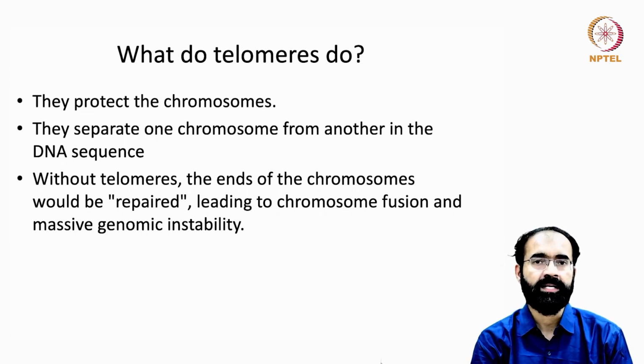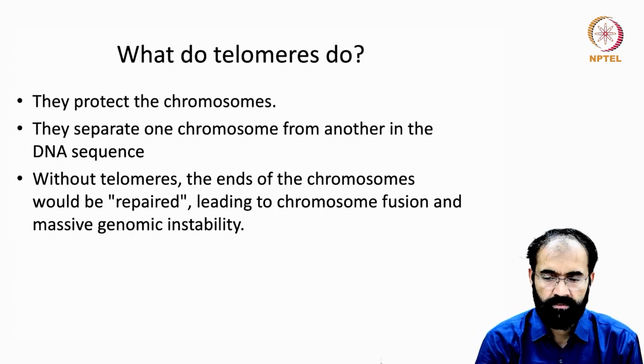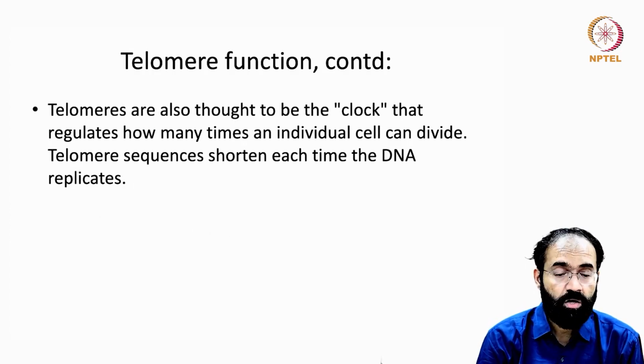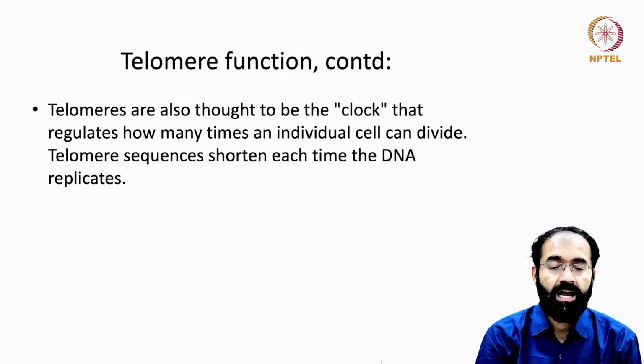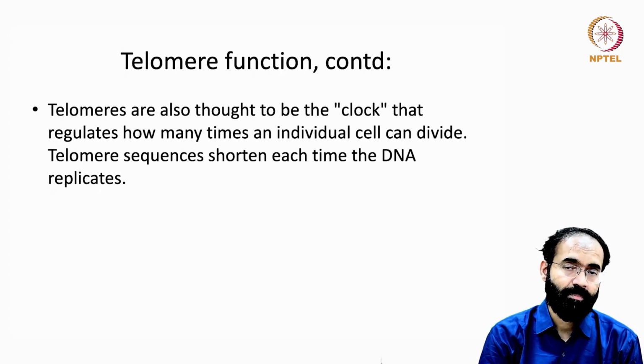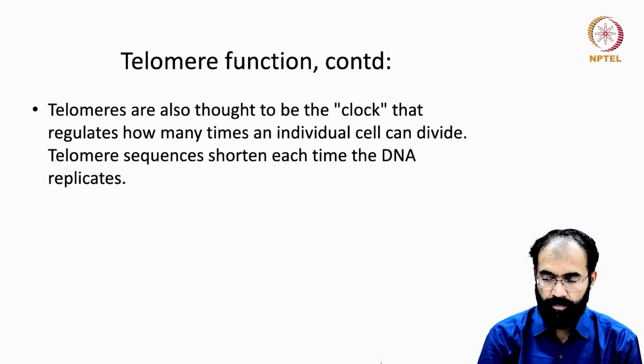So you end up getting a huge chromosome. Telomeres are also thought to be the clock that regulates how many times an individual cell can divide. Telomere sequences shorten each time the DNA replicates because of the end replication problem.